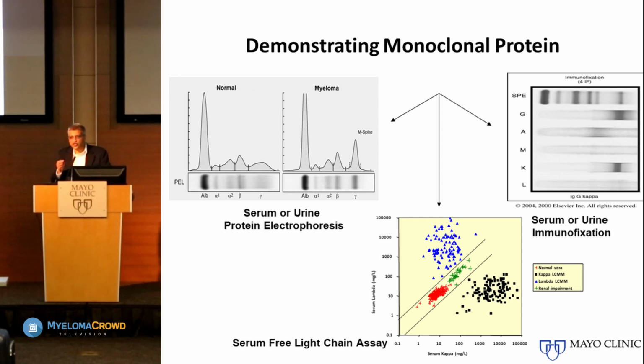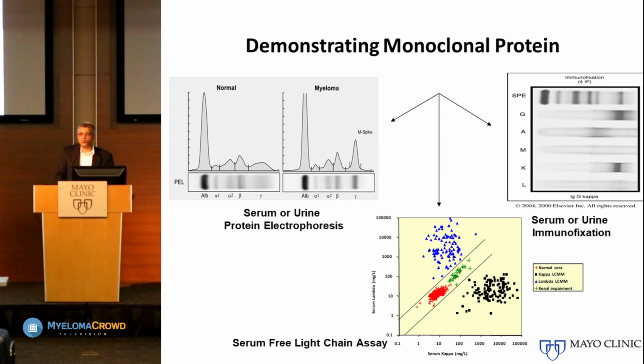And there's also a light chain component or piece to the monoclonal protein, which can either be a kappa, denoted by K here, or lambda, shown as L here. So by doing more sophisticated testing, we can tell you the M spike is a G kappa in this particular instance, or it could be a G lambda, or it could be a kappa. I've heard those terminologies in the clinic, and we want to know what type of M spike a person has. It has some implications as to how the disease might behave.